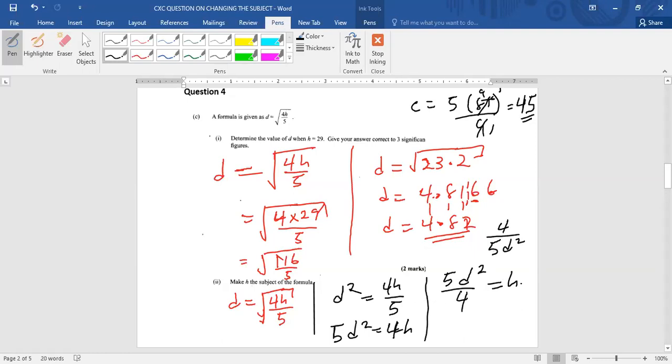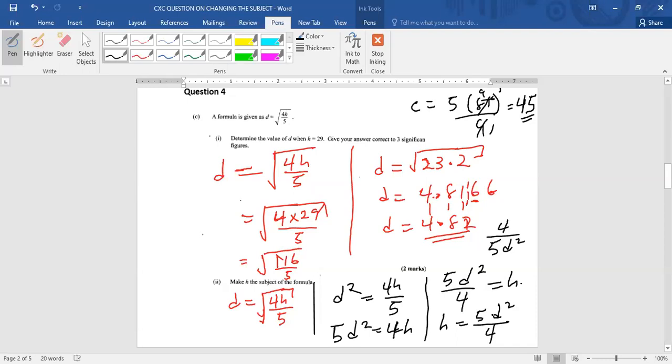So what you can do here is say h is equal to 5d square over 4. Because you put the h to the left, you can't switch this one over. If you do that, it will be totally wrong. If the h is standing by itself, just put it to the left. It doesn't change anything, so it remains the same.